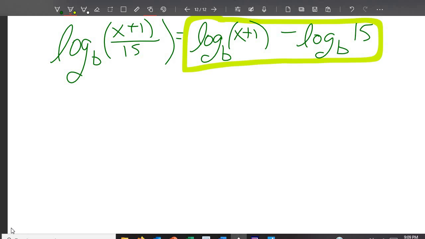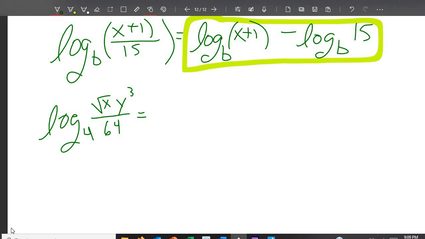Alright, let's see. Let's do a couple more just for the heck of it. Let's do log base 4 of square root of x y cubed over 64.